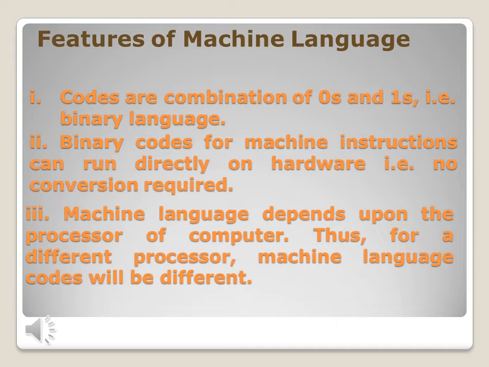Machine language also depends upon the different processors of a computer. Thus, for a different processor, machine codes will be different. That means if a system has an i3 processor, then the machine code for that will be different. And again, if the system has an i7 processor, then the machine language for that is also different.